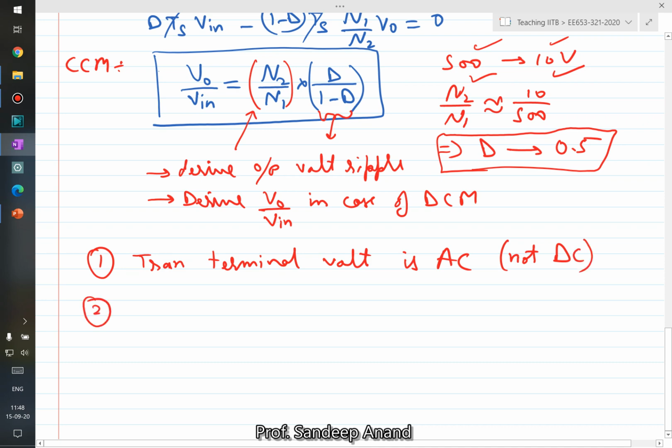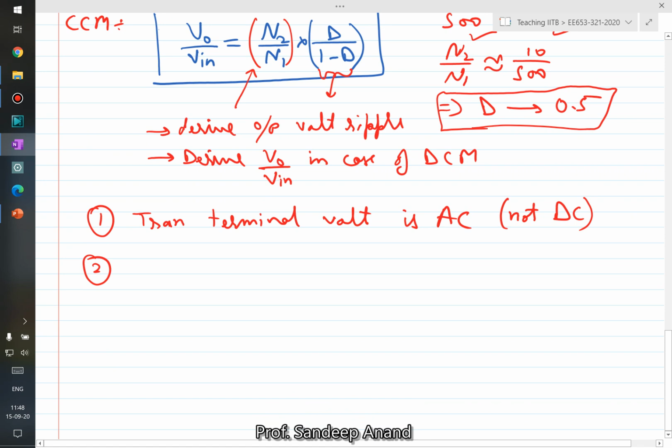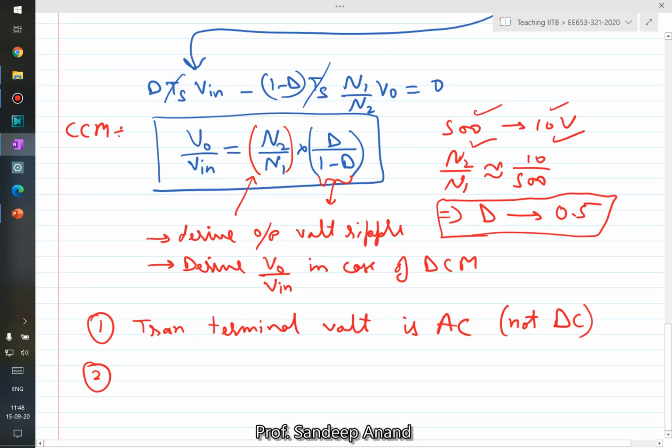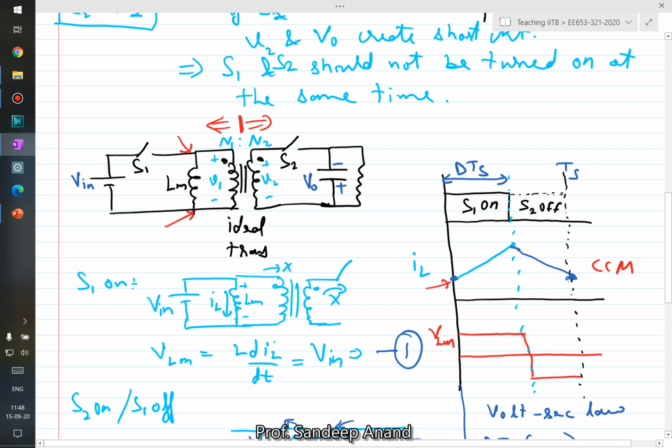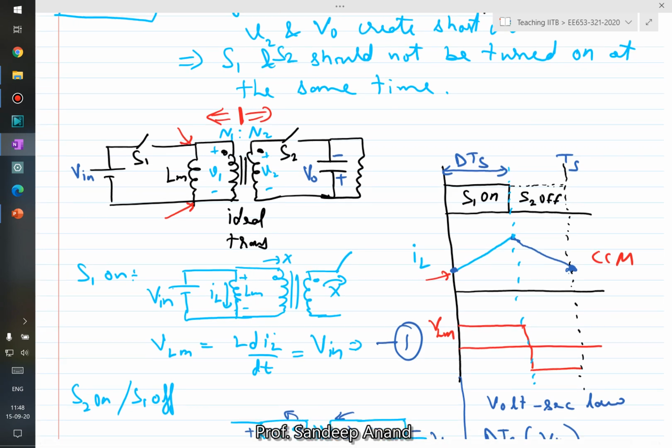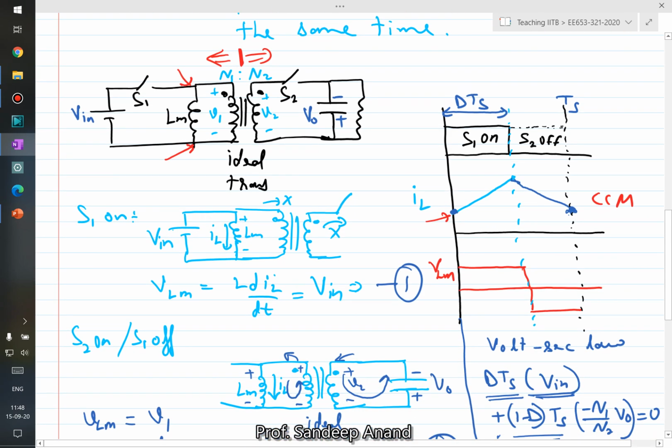One more thing: a lot of times this is expressed in terms of flux and not in terms of the magnetizing inductance. A lot of literature would not talk about the magnetizing inductance, it would talk about flux. So how would that go? Instead of writing the voltage across inductance, you would use Faraday's law and write E equal to N d phi by dt.